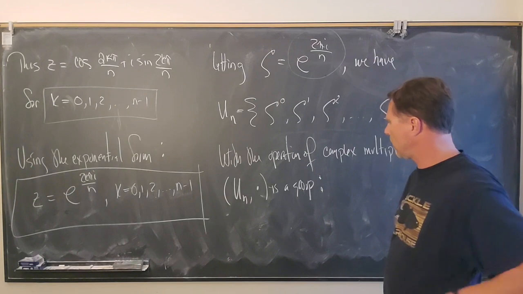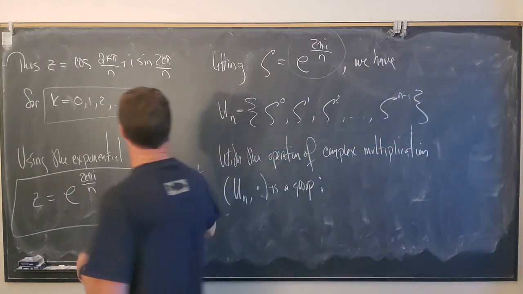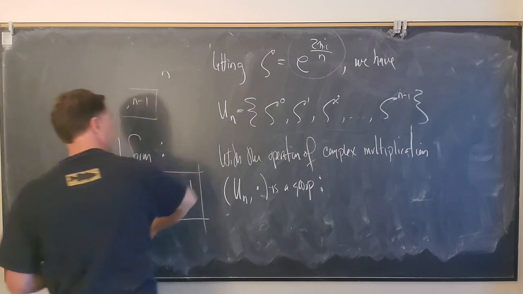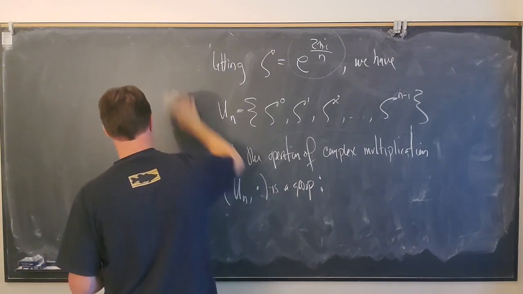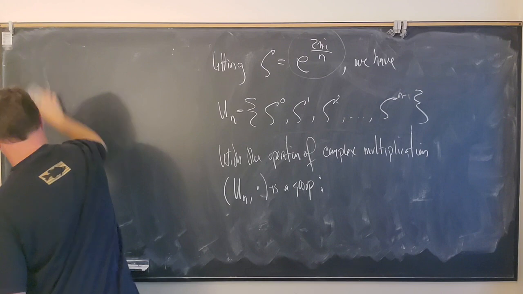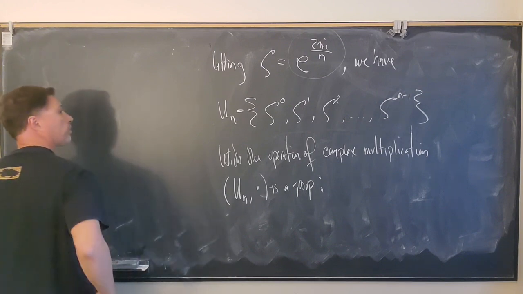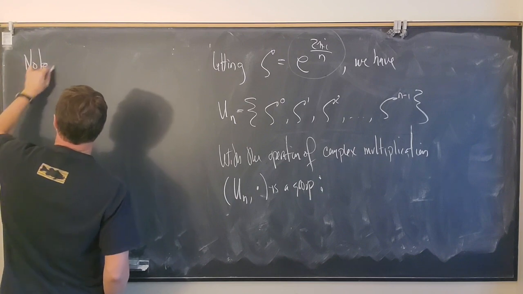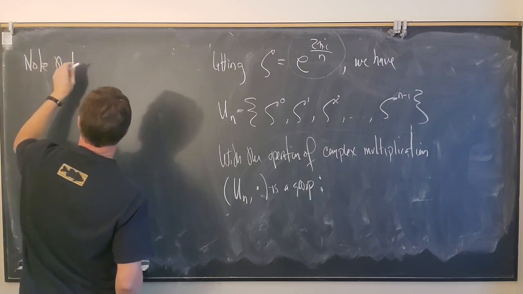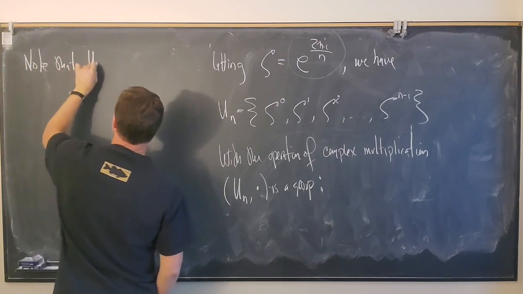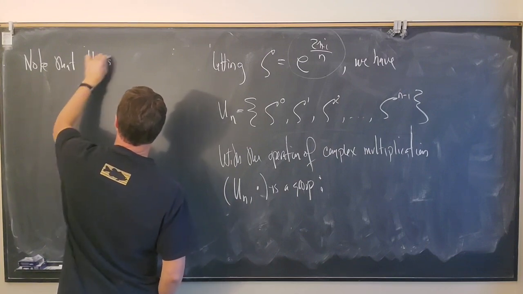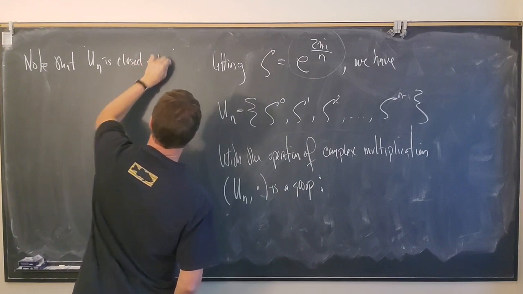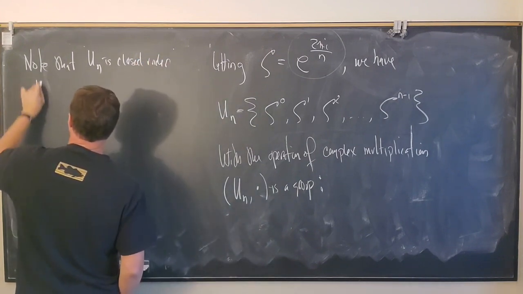All right, let me write these out instead of being so hand wavy. So note that U sub n is closed under multiplication.